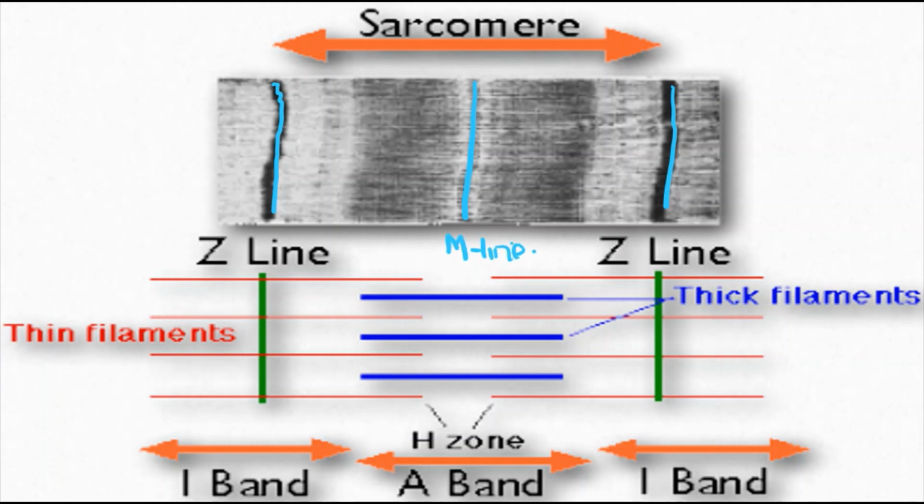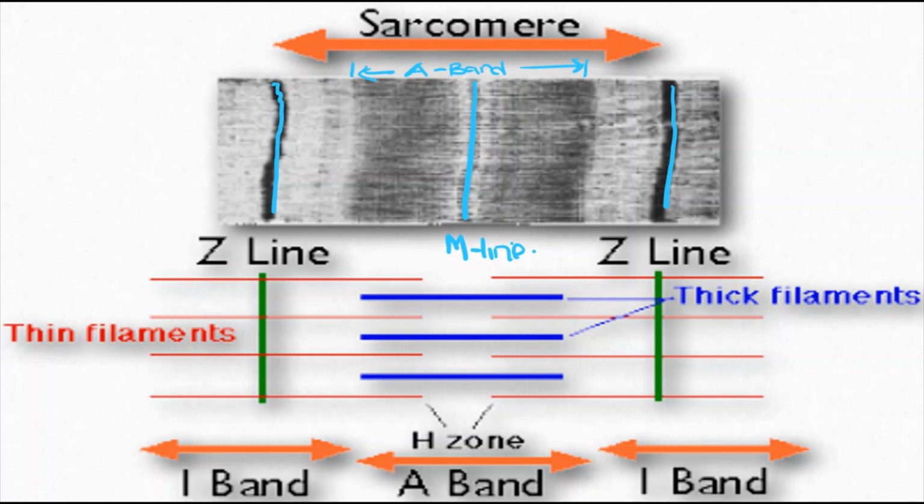What forms the dark regions of the striations is this region here. That is what we call the A band. So the A band is formed by the regions that consist of the thick filaments and the overlap between thick filaments and thin filaments.